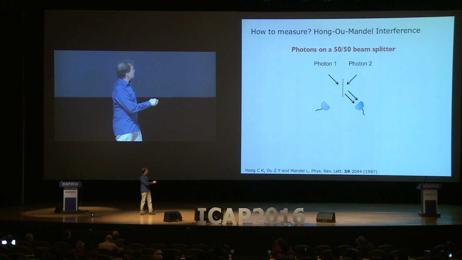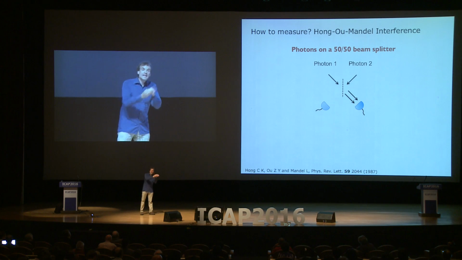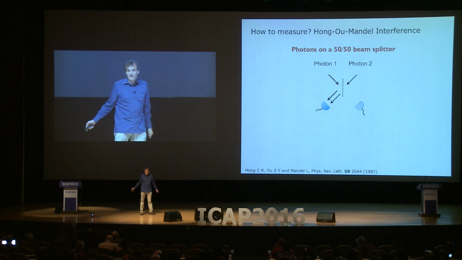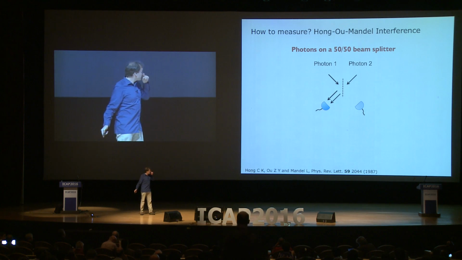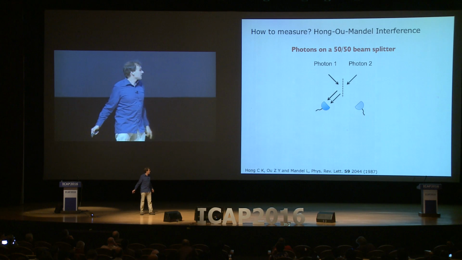If you have a beam splitter and 2 photons hit the beam splitter, if and only if those 2 photons are indistinguishable, they will always end up on the same side after the beam splitter. That's the famous Hong-Ou-Mandel experiment, 2 left or 2 right, but never 1 left, 1 right for symmetry reasons. Okay, but this only happens if the 2 are indistinguishable, and indistinguishable means they are identical pure state. So in a way, this is already measuring the purity, or how identical the photons are.